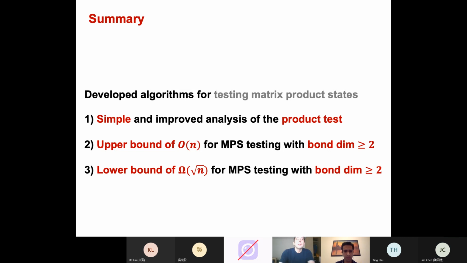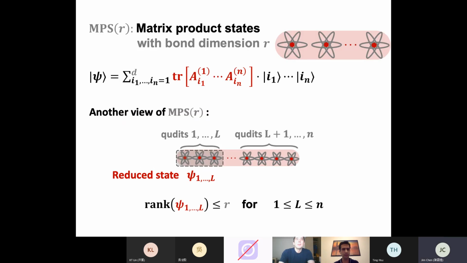Right. So let me find the slide. So there are two definitions of MPS. You should probably see it on the slide right now. One is that you just write the coefficients, the amplitudes of the state, in terms of R by R matrices.